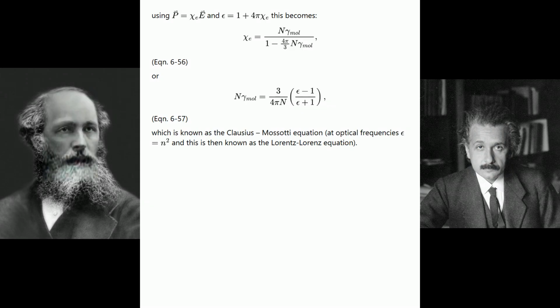Using P equals chi sub E times E and epsilon equals 1 plus 4 pi chi sub E, this becomes equation 6-56, or equation 6-57, which is known as the Clausius-Mossotti equation. At optical frequencies epsilon equals n squared, and this is then known as the Lorentz-Lorenz equation.